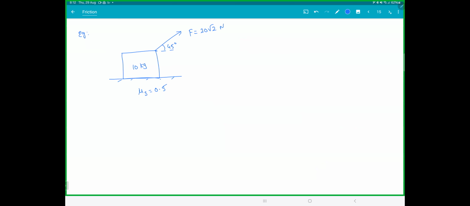Find the friction on the block. Find friction on the block and find maximum friction on the block. Max friction possible, that is the word.